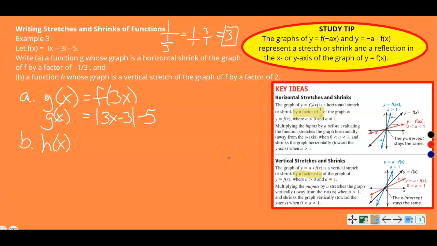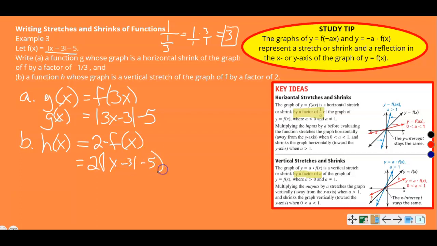All right, so h of x, a vertical stretch by a factor of 2. So we're going to have 2 times f of x. All right, so we're going to multiply 2. And up here we have f of x is the absolute value of x minus 3 minus 5. So we're going to put it in parentheses again because we have to multiply it by the whole thing.